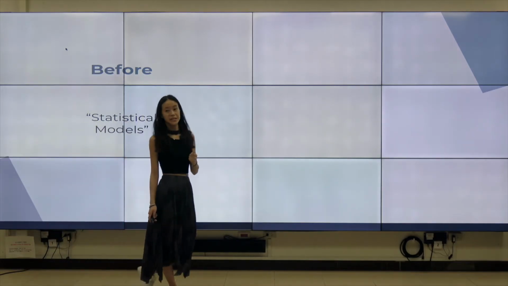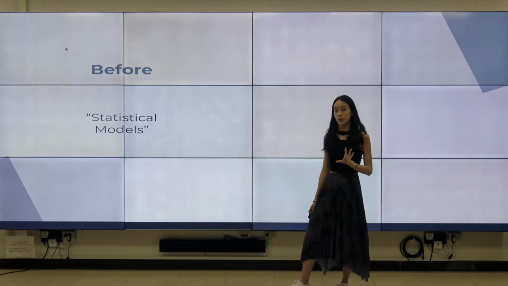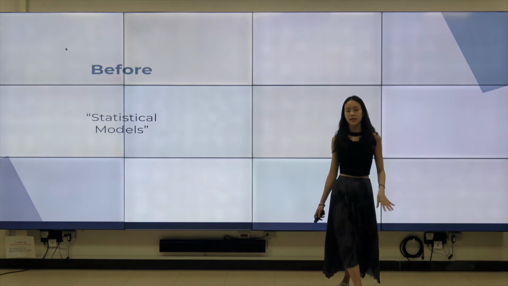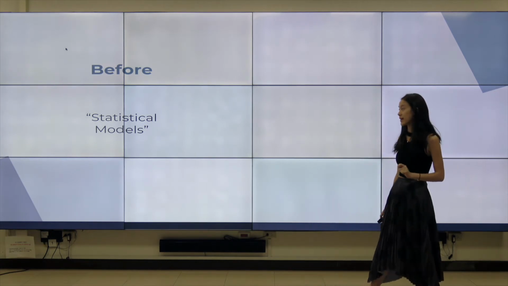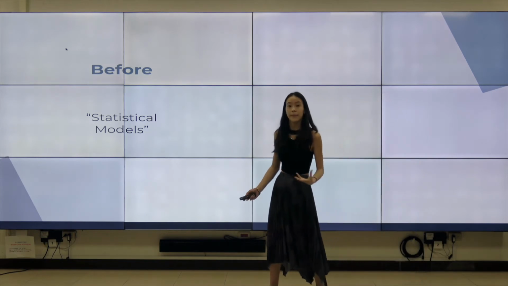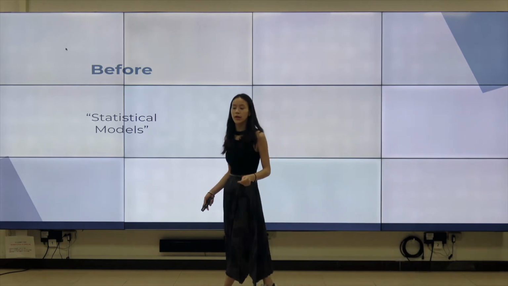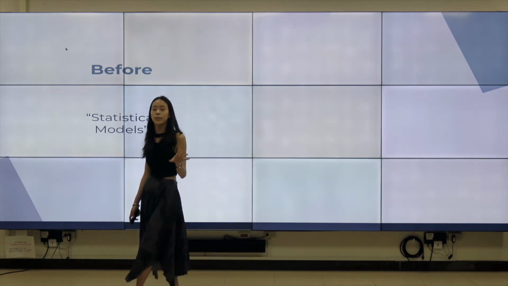So one thing that I'd like to note is that before, we actually had statistical models. Prior to the analysis that we will be talking about in a few seconds, there were a lot of statistical models that were done on bigger populations. So you can think of a lot of prognosis as being based on the general population.